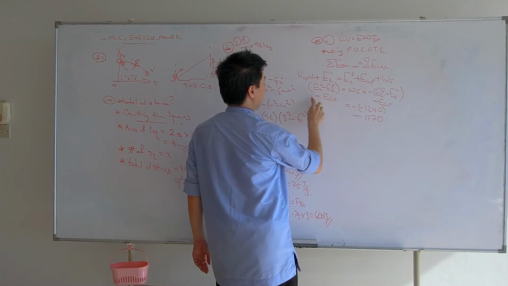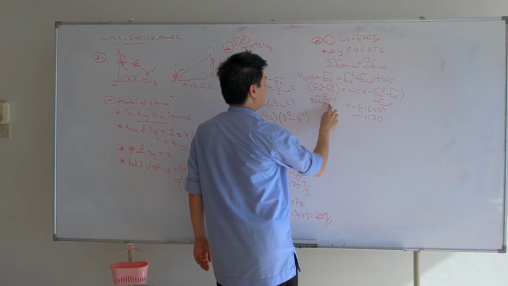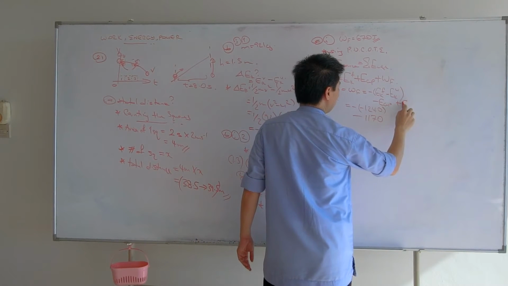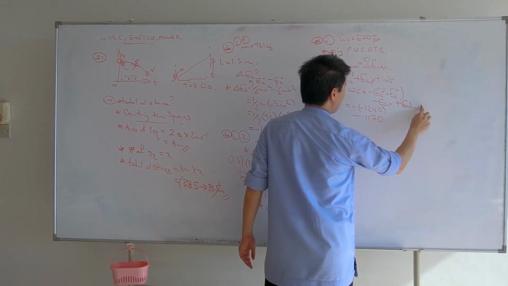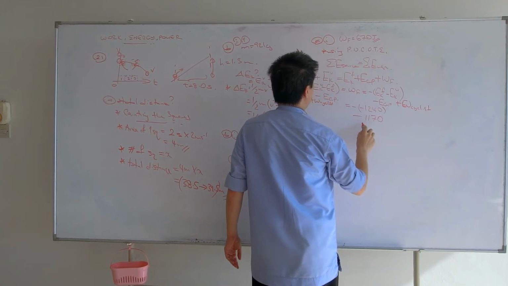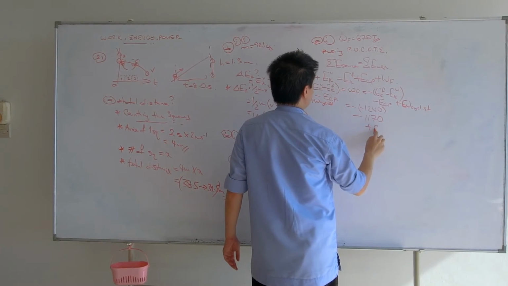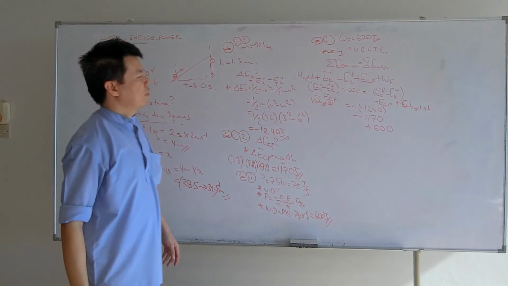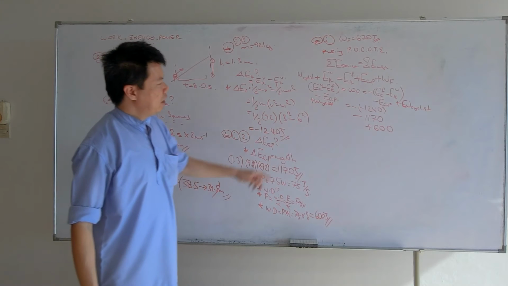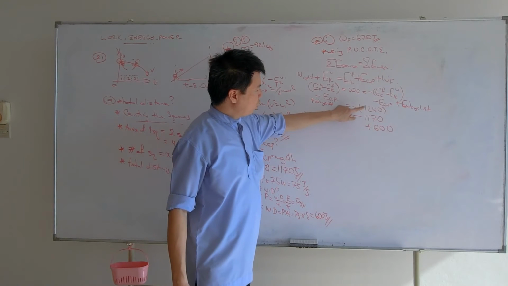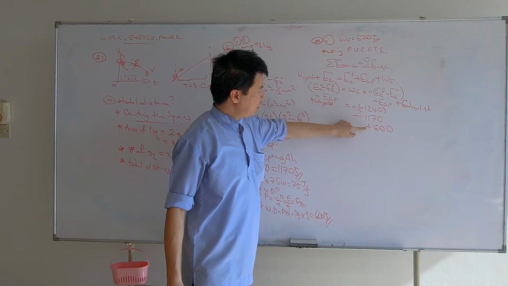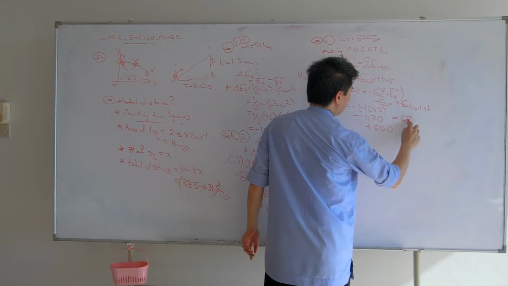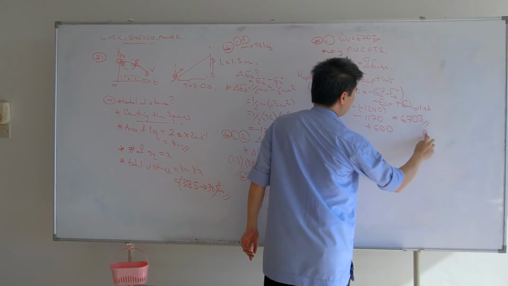So it is a plus here, and therefore it is a plus here. Work done by the cyclist plus 600 equals 670 joules. Therefore, shown.